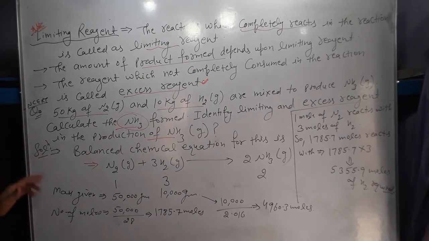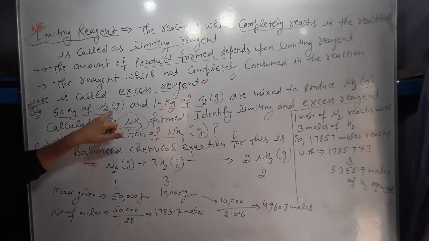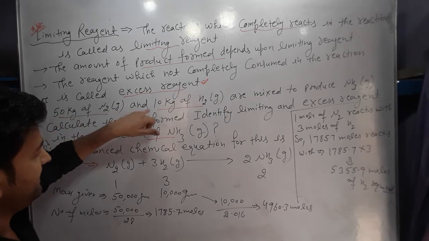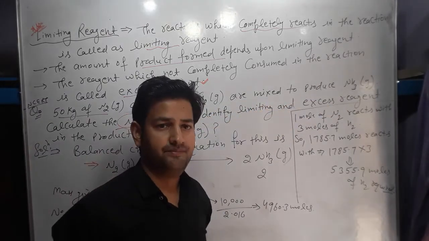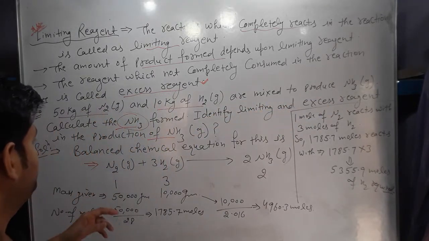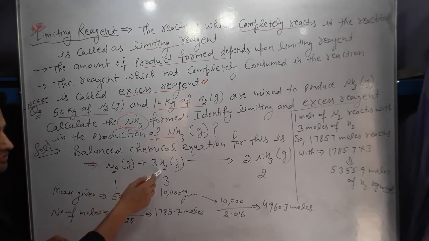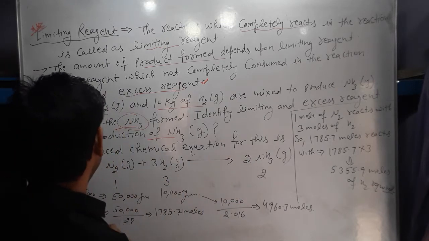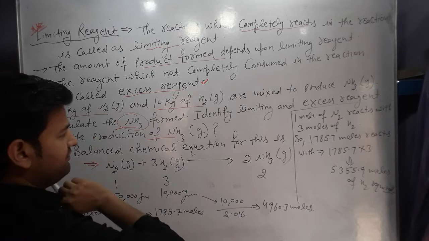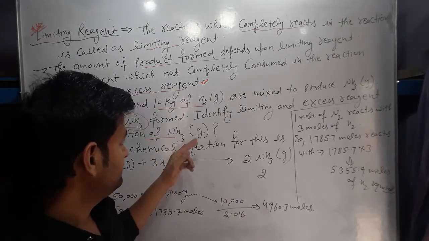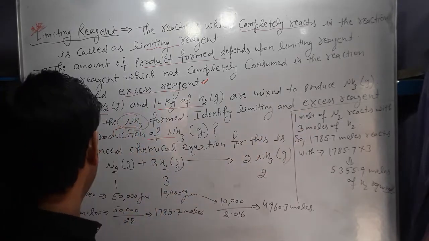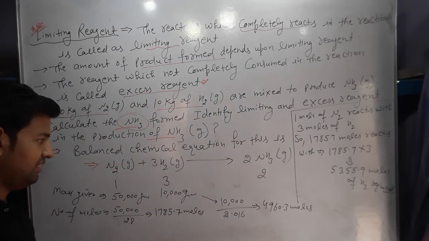Our question is given in NCERT: 50 kg of nitrogen gas and 10 kg of hydrogen are mixed to produce ammonia. Calculate the ammonia formed, and also identify the limiting and excess reagent for the production of ammonia.